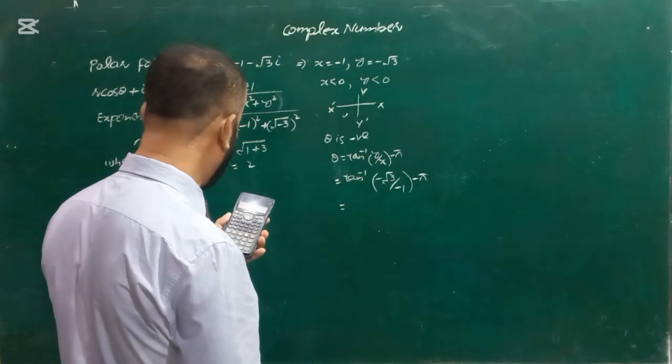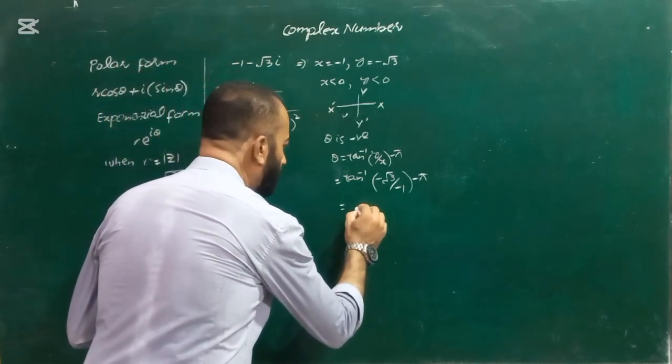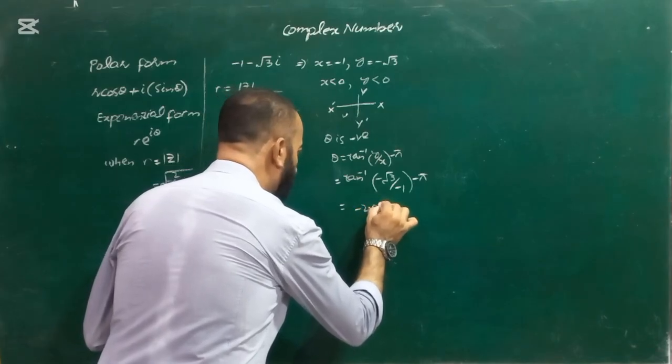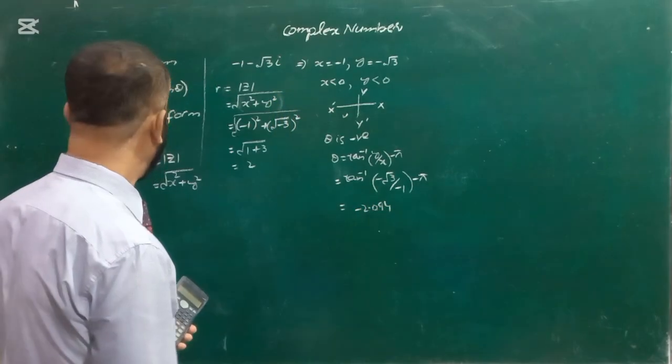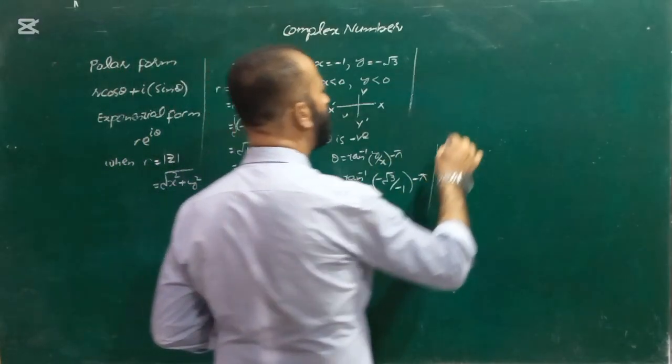So answer is minus 2.094. From here now you are able to find the polar form and exponential form.